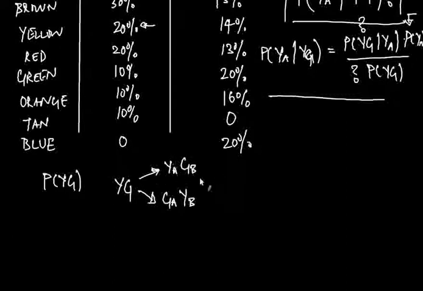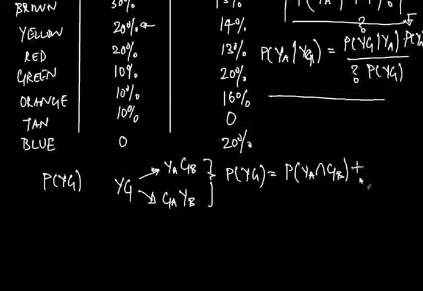Which means that the probability of drawing a yellow and a green ball is simply the probability of drawing a yellow ball from A and a green ball from B, or drawing a green ball from A and a yellow ball from B. There are only two ways in which this can happen.